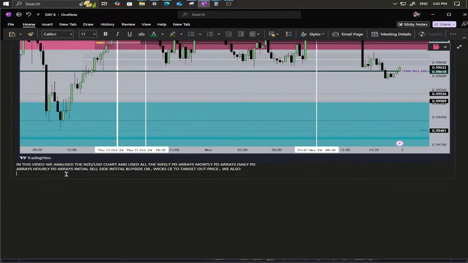We also used the macro time to attack the buy side and the sell side, which are major.